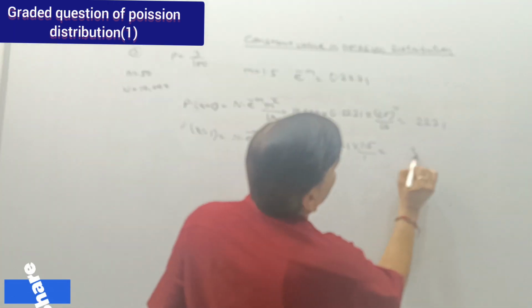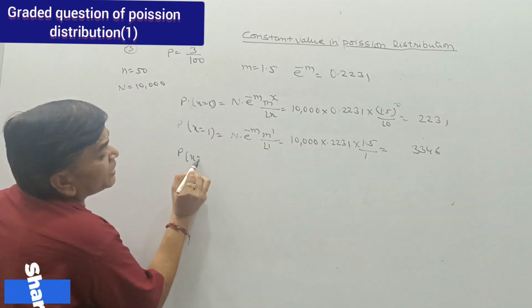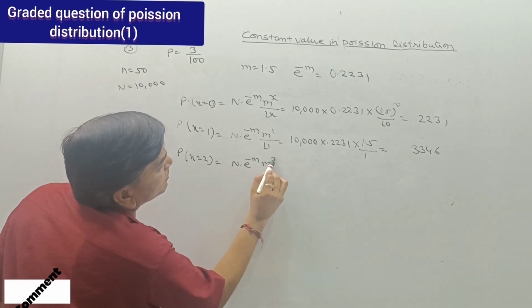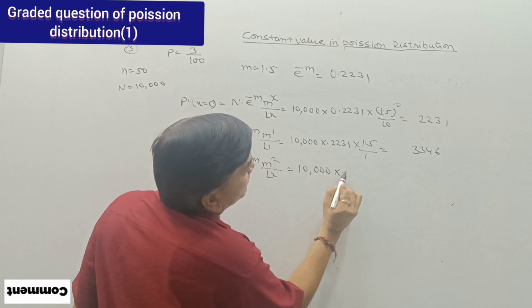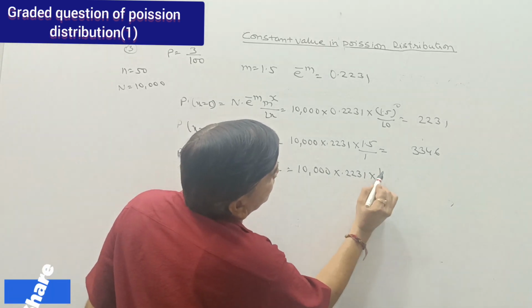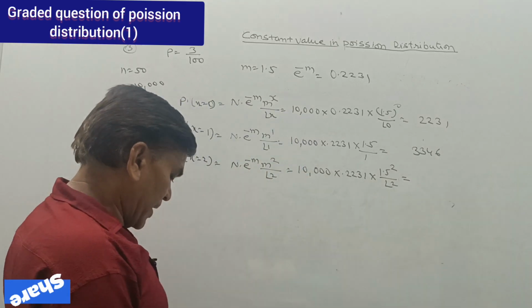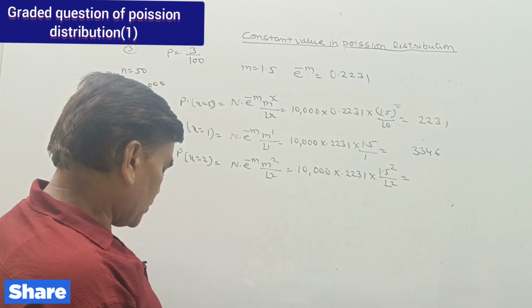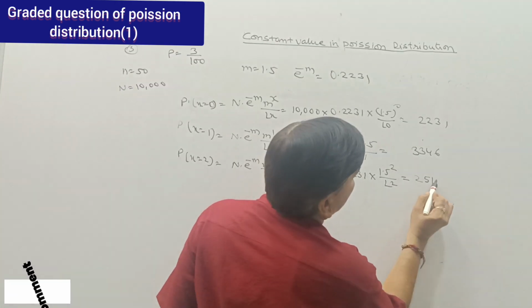So there will be 3346 packets. Next, for two defective, N e raised to power minus m, m raised to power 2 upon factorial 2. So 10,000 multiplied by 0.2231 multiplied by 1.5 raised to power 2 upon factorial 2. Multiplying by 1.5 and dividing by 2, that will be 2510.